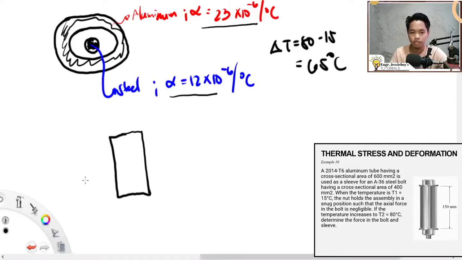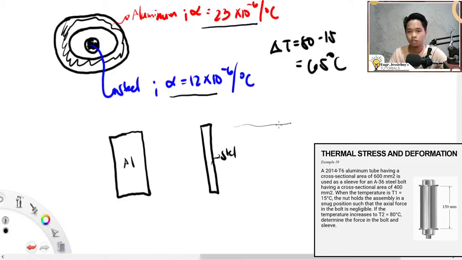Alright? So this is the aluminum, and this is also the bolt. That is steel. Kung sila duha, initially, they are 150 mm. Diba? Initially. So, after the change of temperature, mas dako og deformation si aluminum.